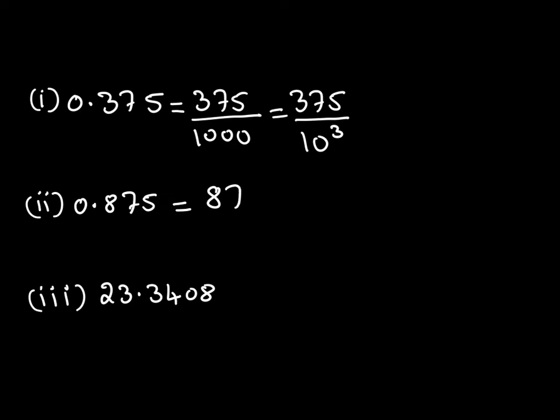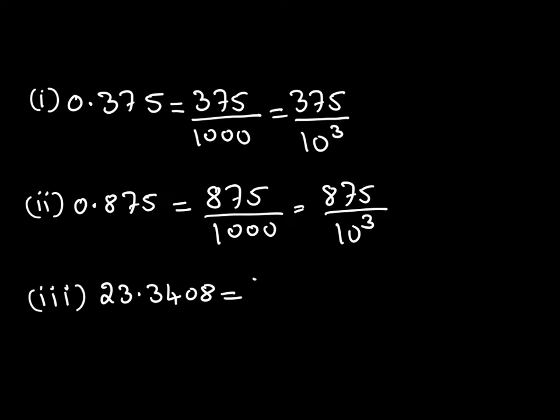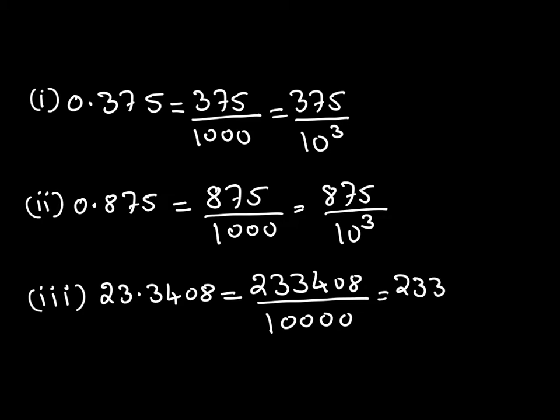It is 875 over 1000, which is 875 over 10 to the power 3. Let's consider the third one, 23.3408. It can be written as a fraction 233,408 divided by 1 followed by 4 zeros, which is 233,408 divided by 10 to the power 4.